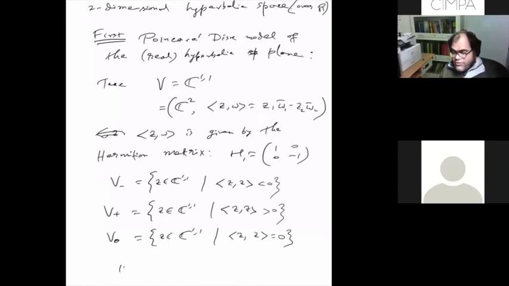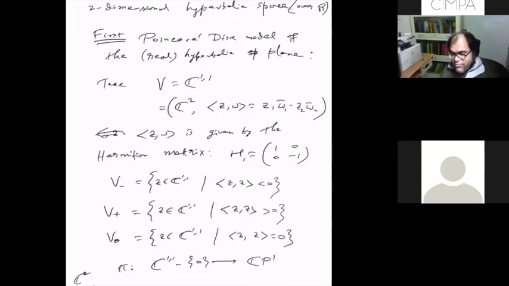And you know that you have this projection map pi from C^{1,1} minus 0 to CP1, okay? And what is the complex projective space? You think of the complex projective space as the space of all lines in C^2.